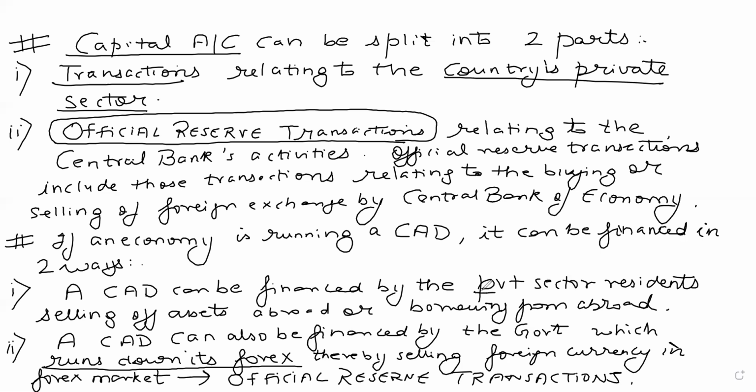Either the private sector residents can sell their assets abroad or borrow from abroad. Both these cases cause a net capital inflow into the economy, which can be used to finance the current account deficit. Or the current account deficit can also be financed when the government or the central bank runs down its foreign exchange reserves by selling foreign currency in the foreign exchange market. This falls under the category of the official reserve transactions.